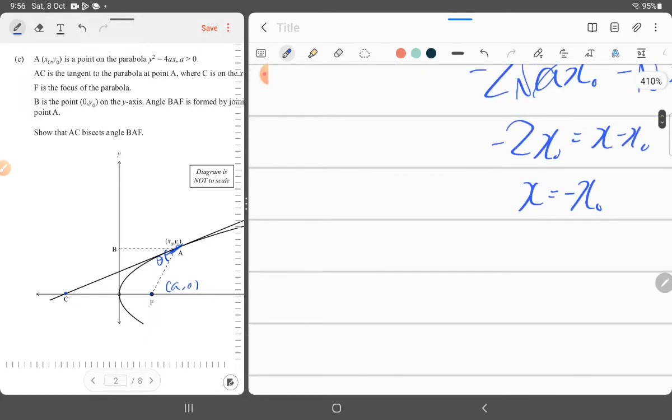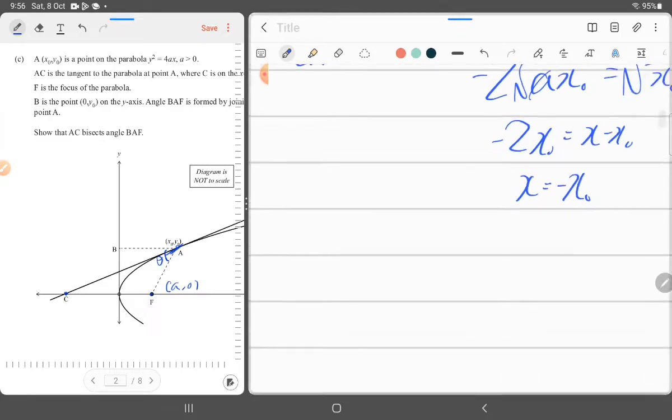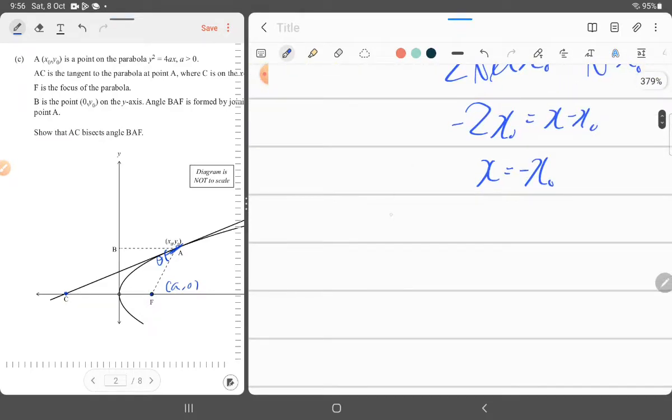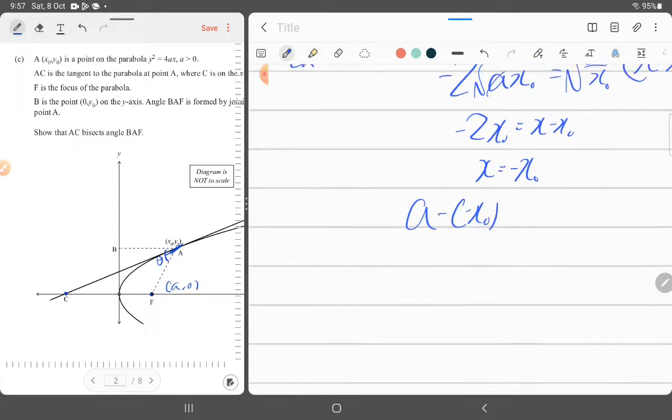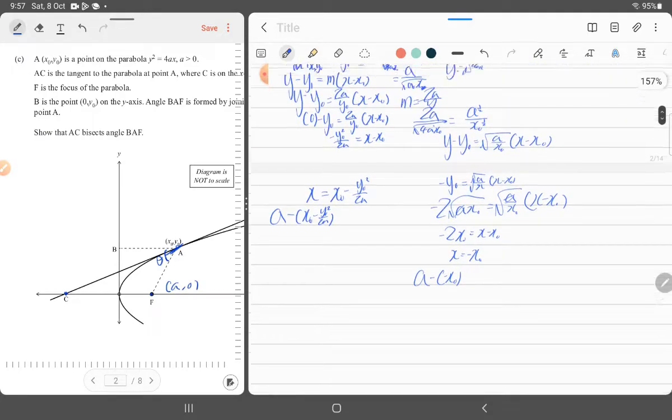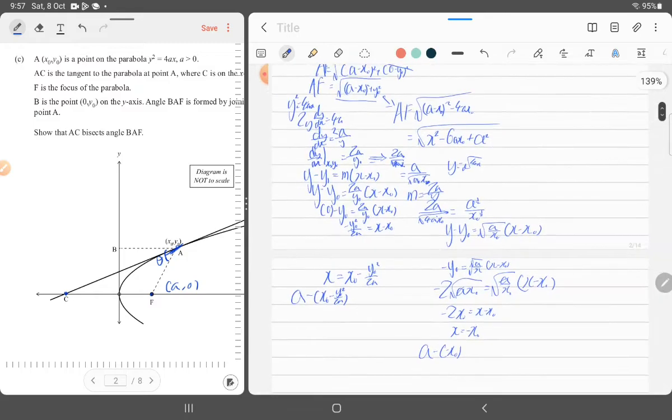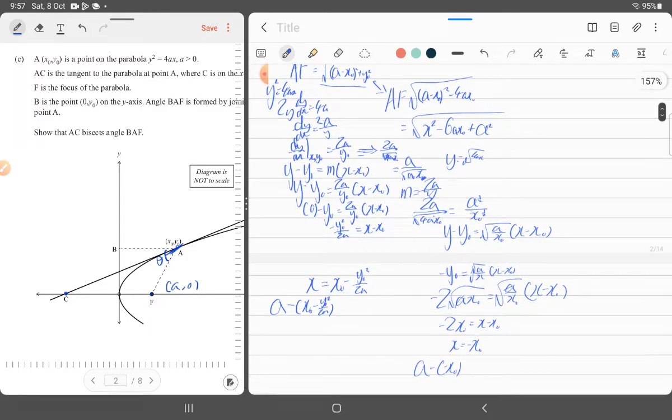So this is negative x0. This is a, so the distance will be a take away negative x0, I believe. No, this doesn't sit right.